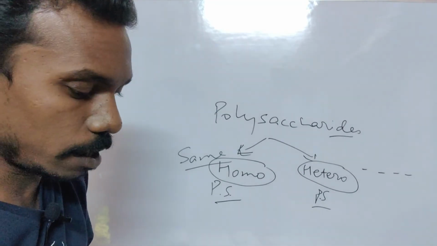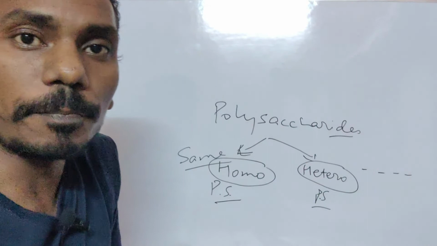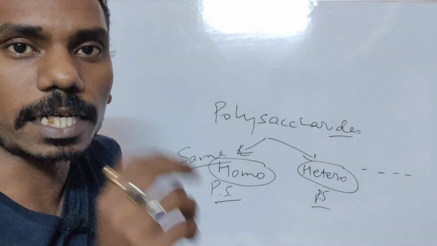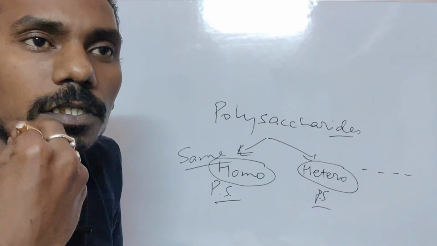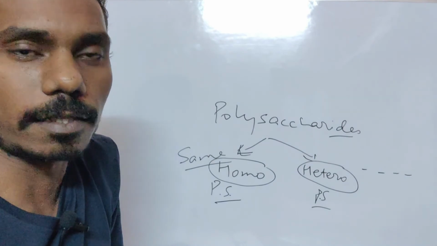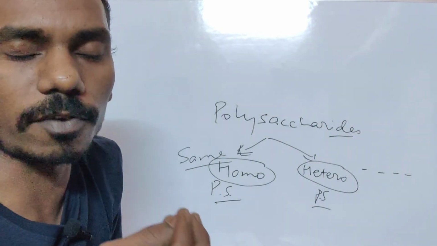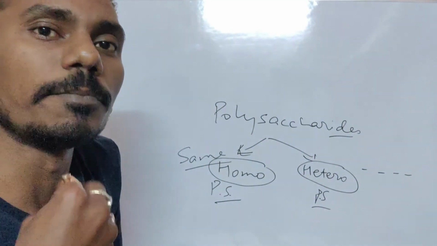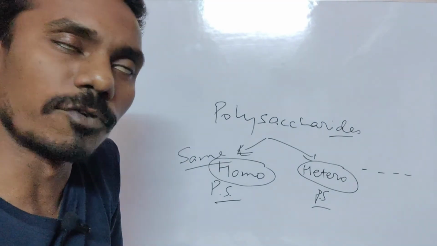So there comes one question: what is used here to attach those monosaccharide molecules? For this you have to learn first about isomers. Then you will get to know about alpha D glucose, alpha D fructose, beta D glucose and beta D fructose.